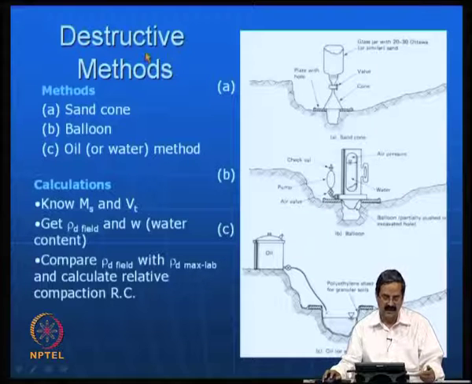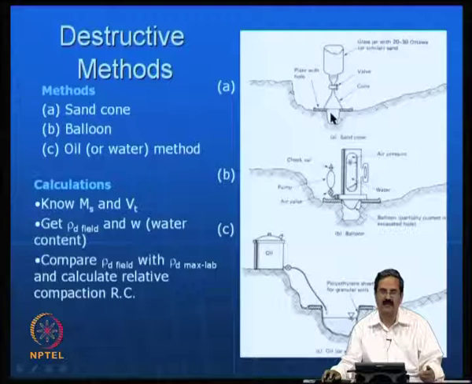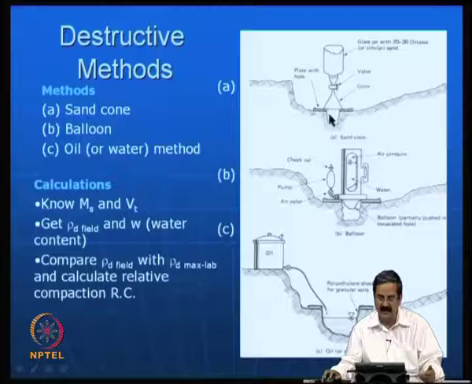For the destructive methods, some examples are the sand cone, which I think we must have seen in undergrad courses, where, particularly for highways, you try to make a pit. The objective here is essentially to find out the bulk density of the material and the water content.